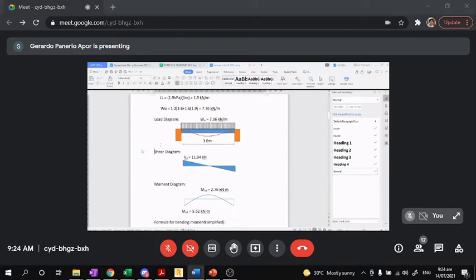UDL times length, sir, the UDL. Okay, then divided by 2. So 7.36 divided by 1.5. Oh yeah, this is 4.9. Wait, is that right? 7.36 times 3 divided by 2, you said?